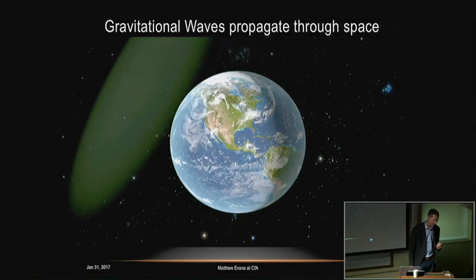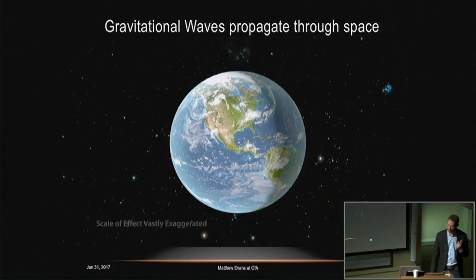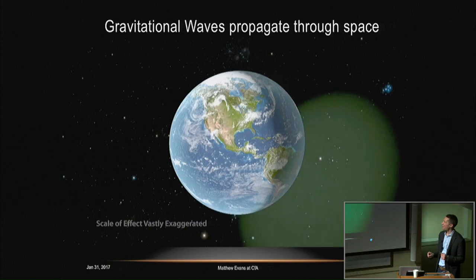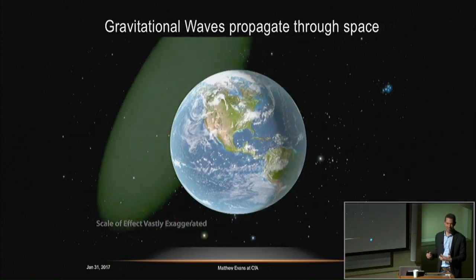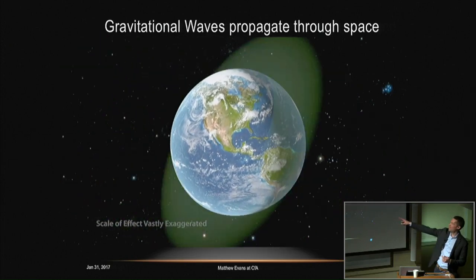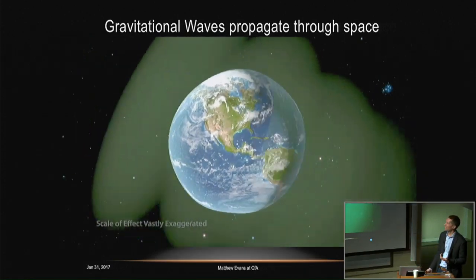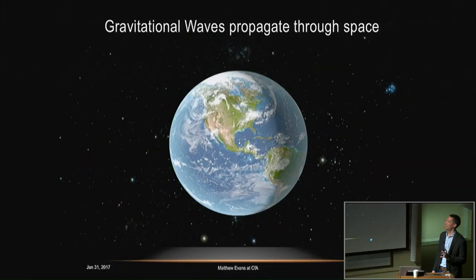Okay, and the point of this is to say that what we're looking for here on Earth when we say we're detecting gravitational waves is not something complicated. We're looking for something which moves. We're looking for some displacement, a physical motion of test masses.